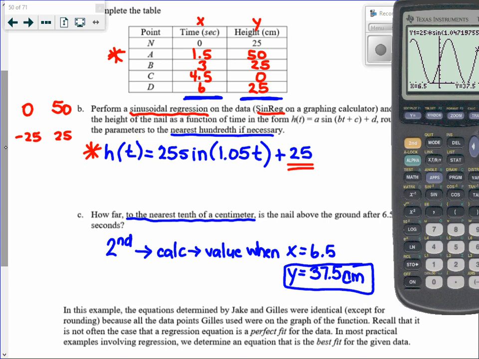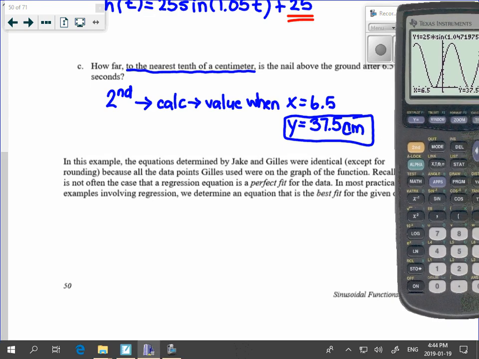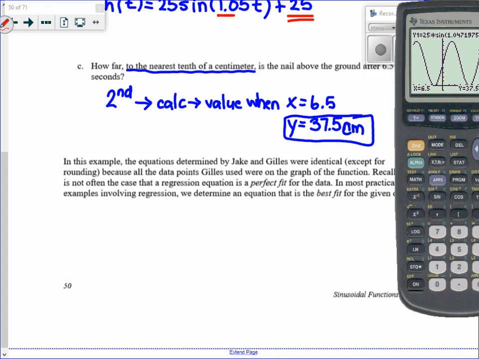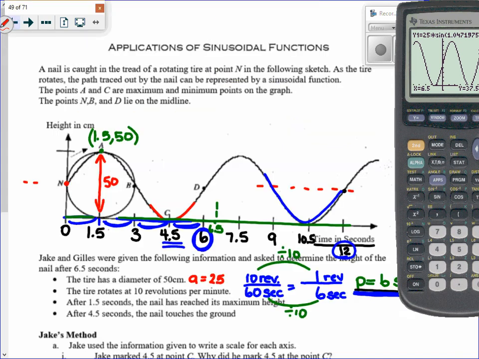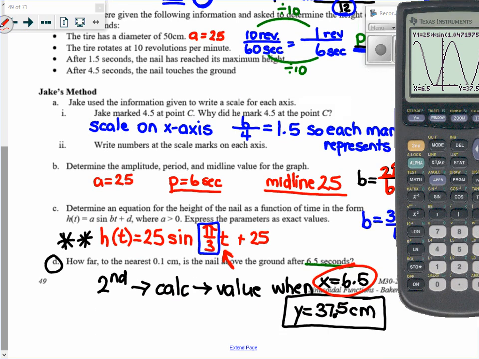Okay. The note at the bottom of your page just says, in this example, the equations determined by Jake and Jill were identical, except of course for rounding. Okay, so if you look, they don't look exactly identical, right? This one right here has 1.05 t, and on the previous page we have pi over 3 t, right?